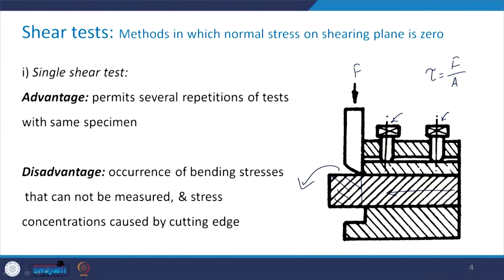There are disadvantages also which are associated with this. When the load F is applied at this cutting edge, what will happen?